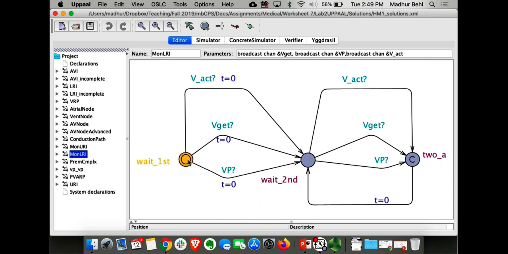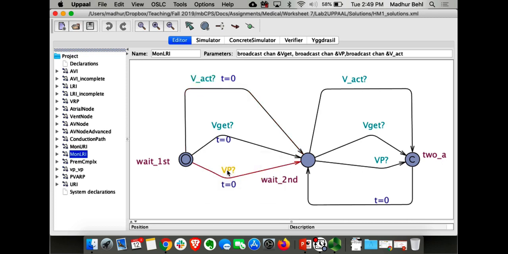It starts by being in this weirdly named state called wait first. But this is the initial state. We can call it whatever. What are the 3 things that can be picked up as a V-sense, or a ventricle depolarization? Either the ventricles depolarize by themselves, which rarely occurs, but we allow for that possibility, or they depolarize because of the activation from the path, or they depolarize because of the pacemaker.